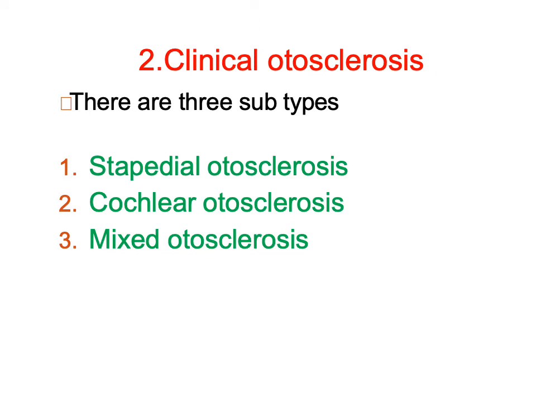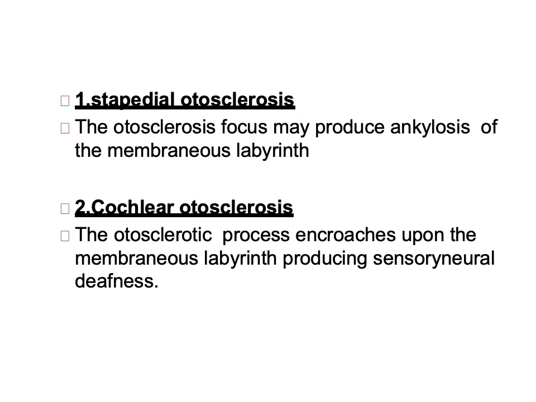And then we have clinical otosclerosis. Clinical otosclerosis has three subtypes: stapedial otosclerosis, cochlear otosclerosis, and mixed otosclerosis. In stapedial otosclerosis, the otosclerotic focus may produce ankylosis of the stapes.